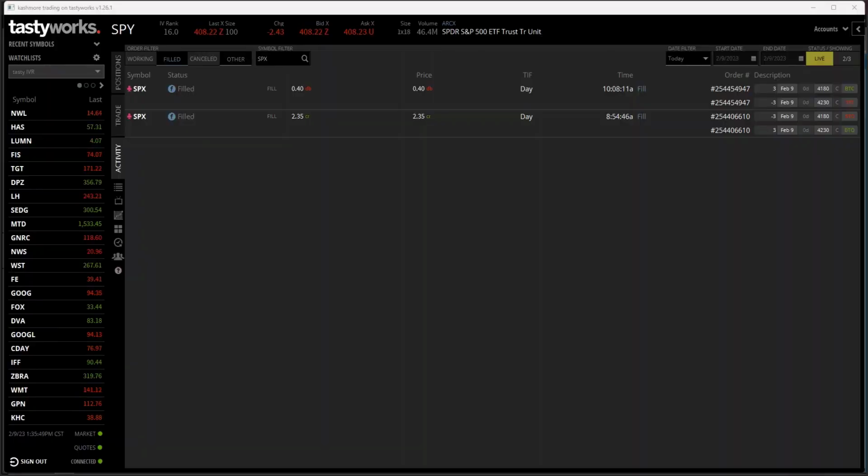All right, so from here, you can see I did a 41.80, 42.30 call credit spread, and at the time it was about, I believe, a delta 17 call, and I made it 50 wide. I entered roughly 24 minutes after the open, and I closed it roughly an hour afterwards, a little bit over, for 40 cents.